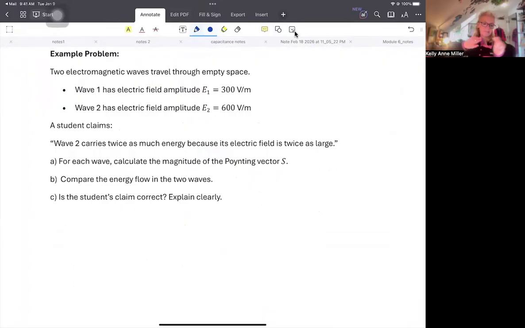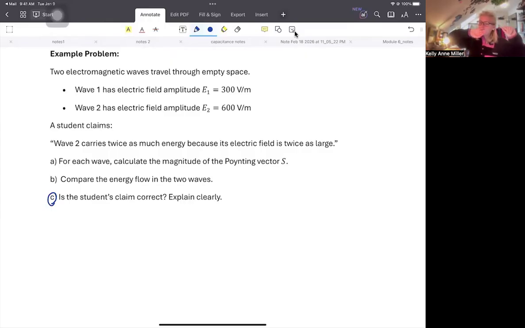A student claims that wave 2 carries twice as much energy because its electric field is twice as large. And we want to calculate a bunch of things, but we also want to know, is that student's claim correct?